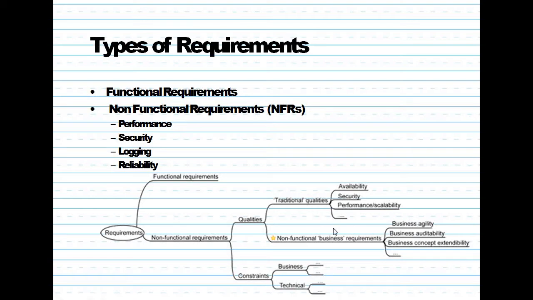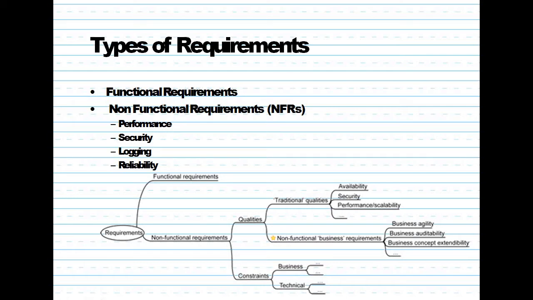They are further classified into several parts like business agility, business auditability, business extensibility, and the traditional qualities are further divided into requirements like availability, security, and performance or scalability.